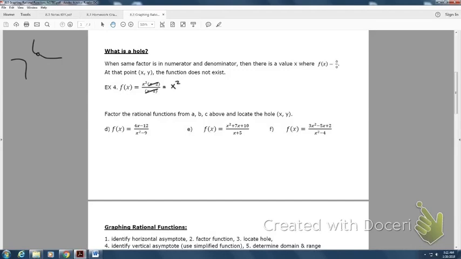So to find the hole, the first thing you're going to do is set what you canceled to 0. So what's that going to equal? 2. That is the x value of your hole.